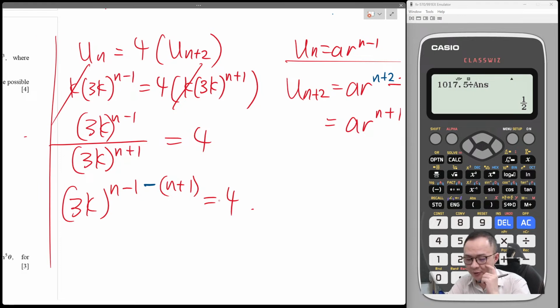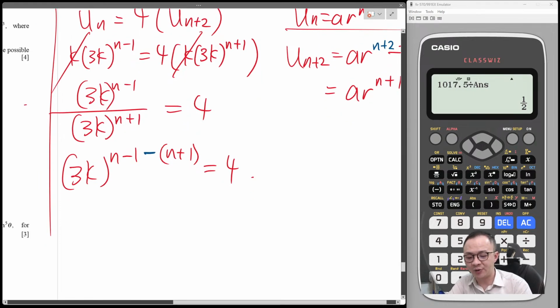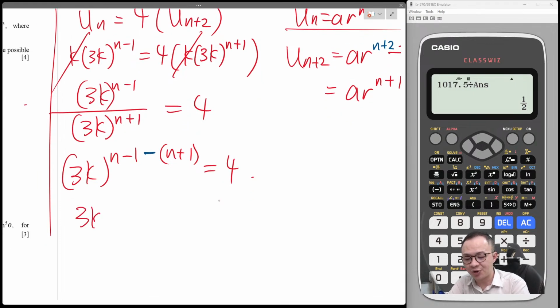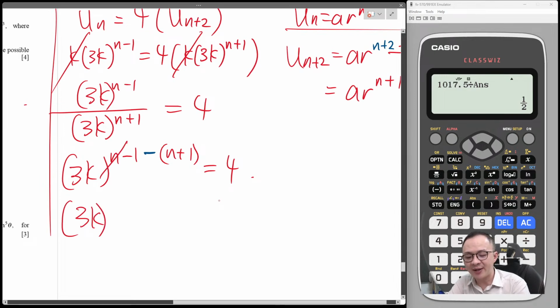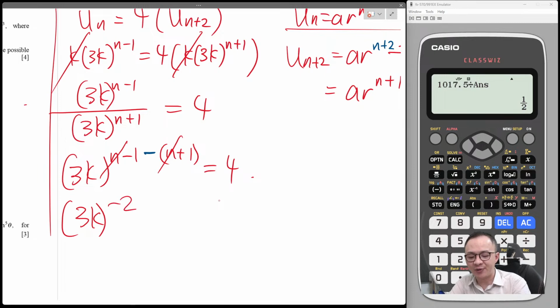So yeah, we need to solve this one. So this is 3k to the power of n minus n, gone, no more n. Minus 1, so it's negative 2, equals 4. I want to throw the negative 2 to the other side. It becomes negative 1 over 2, isn't it?